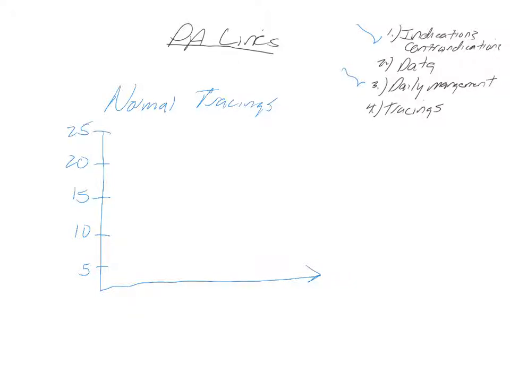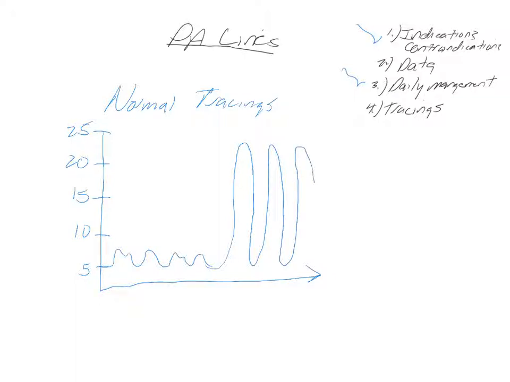And we start off with essentially a CVP tracing, which I'm going to deliberately exaggerate here for the purposes of discussion, and then progress to a RV tracing, and then a PA tracing, which is identified by a step up in the diastolic pressures when compared to the RV, and then ultimately a wedge tracing.